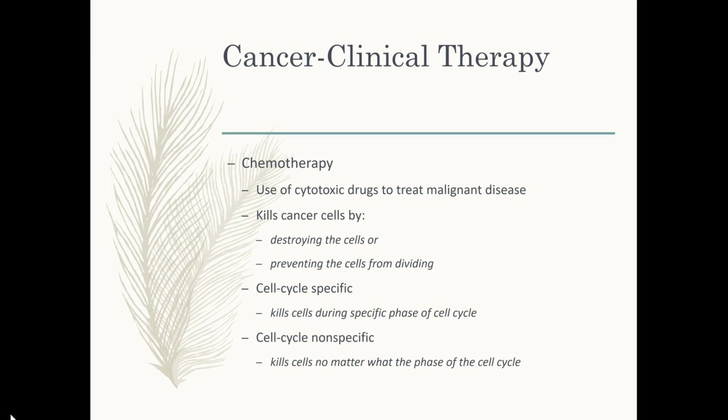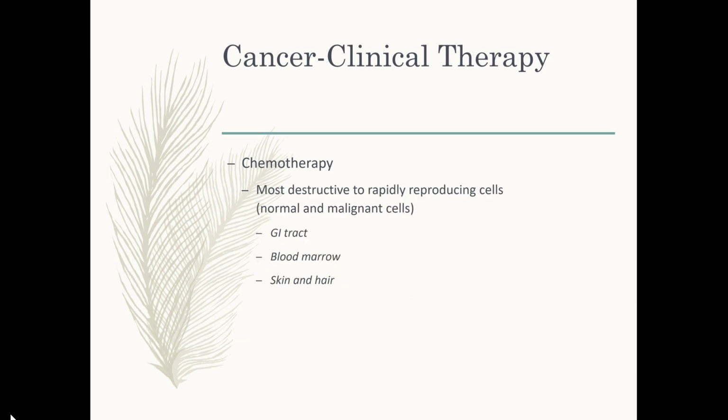If they are receiving an intrathecal, which means into the spinal column, they can also have cognitive delays or impairment because it's crossing that blood-brain barrier. There is cell cycle specific and cell cycle non-specific chemotherapies. And typically the side effects of chemo are due to the good cell death, not to the bad cell death.